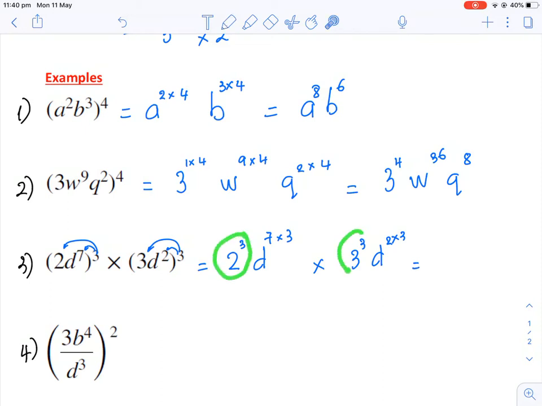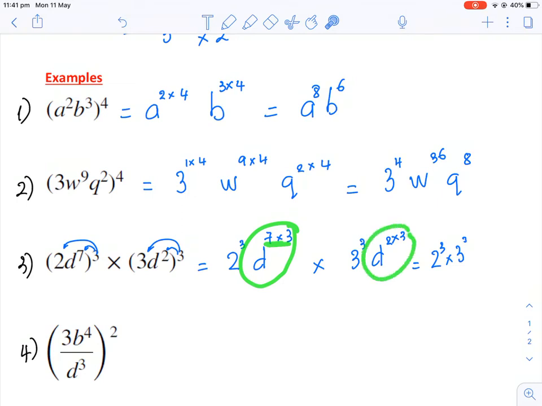So you will have 2 cube times 3 cube and D 7 times 3 is 21. This one is D 6. So write that down: D 21, D 6. We need more steps to get the final answer.